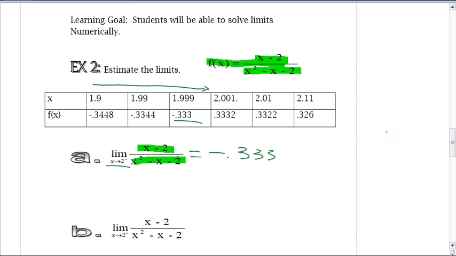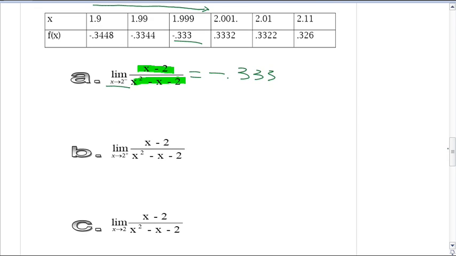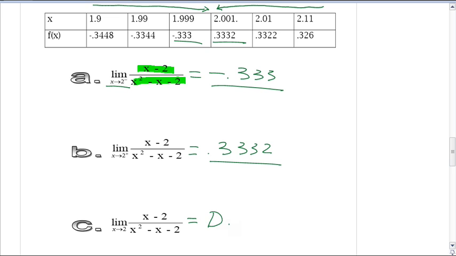If I do part B, let me scroll down here, it looks to me that if I go from the right hand side and I approach 2, I'm going to stop right there, and I get positive 0.3332. Now what we can say here is, yes, the left hand limit exists, yes, the right hand limit exists, but because I have 2 different values, negative 0.333 and positive 0.3332, therefore the general limit does not exist.